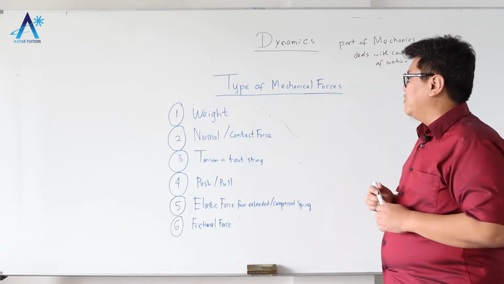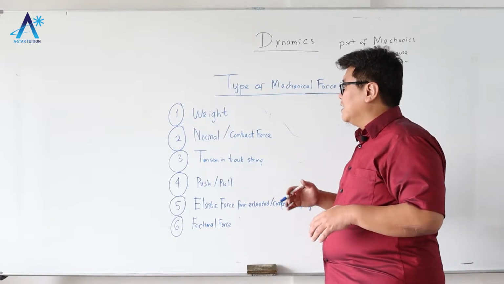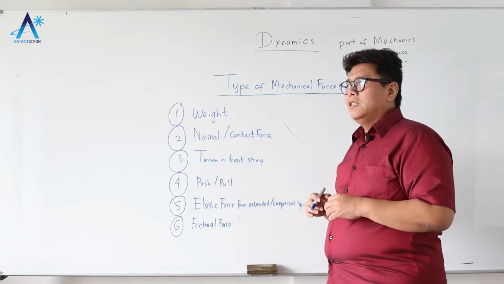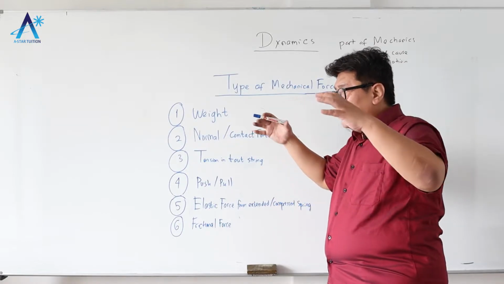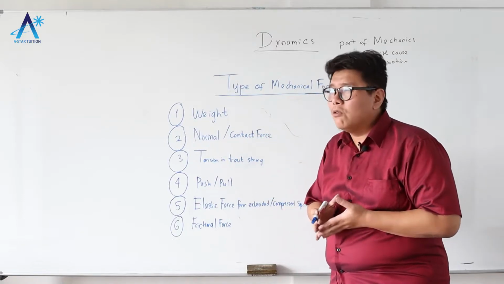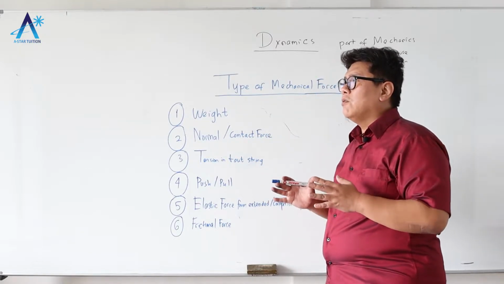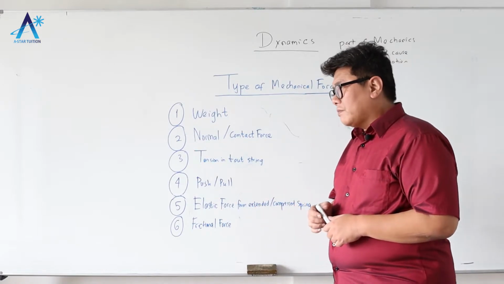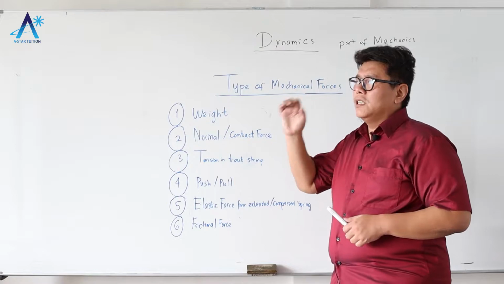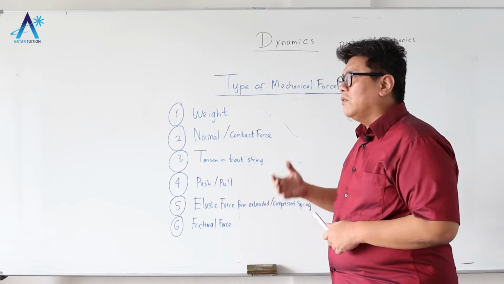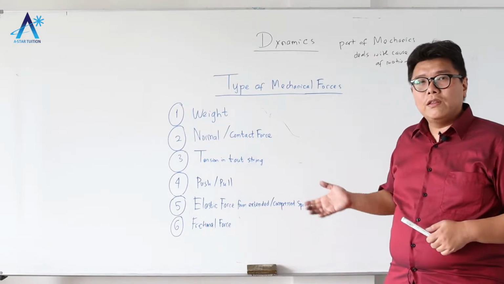So weight is the gravitational pull on an object that is bound to a large concentration of mass. For instance, because we are all earthbound, objects on earth will be pulled by the earth, and the amount of pull is called the weight or the gravitational force.